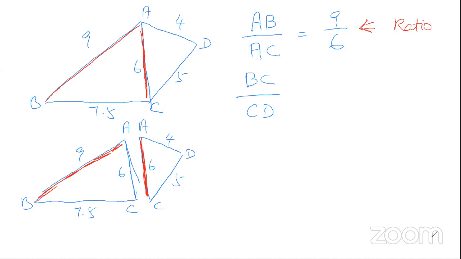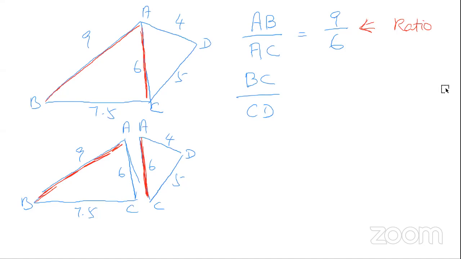Now, if this length, hey, uh-oh, oh, I know what's going on. Hey, I have problem in doing the drawing. Let me try again. What problem? My iPad pencil does not work just now. I don't know why.